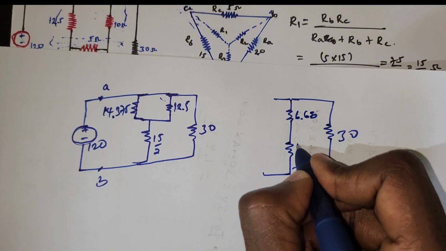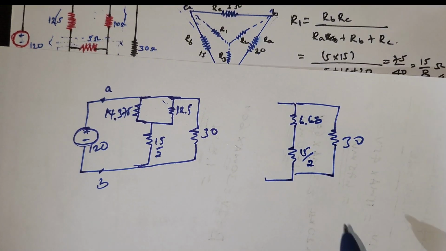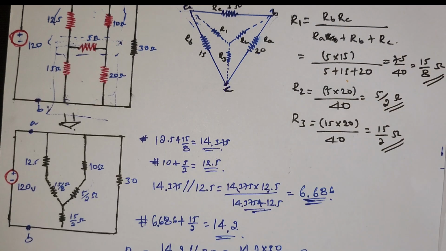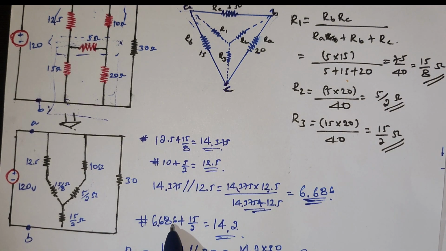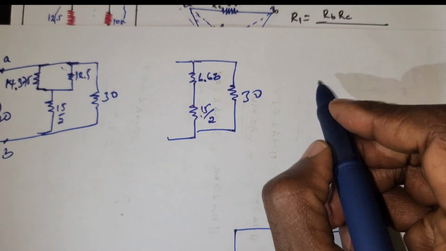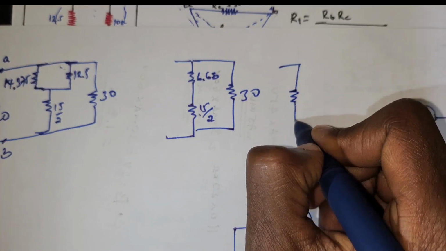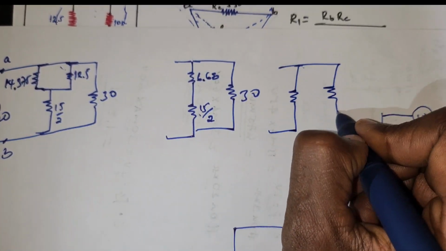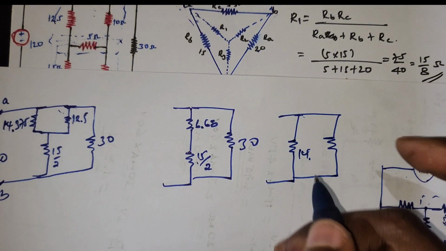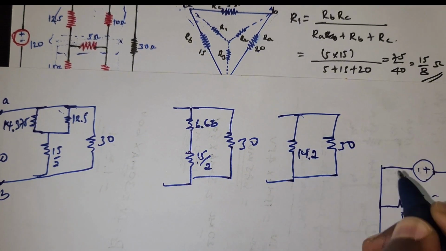Now we have 6.68 and 15 over 2, and these two are in series. We simply add them: 6.686 plus 15 over 2, which is 14.2. Now this is further reduced into this form, 14.2 in parallel with 30.